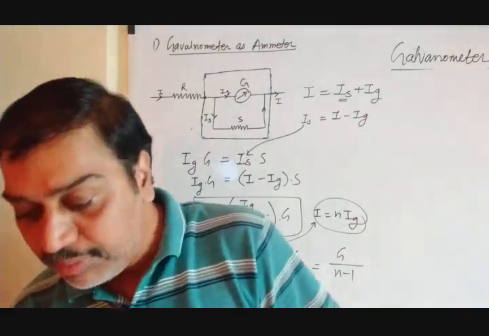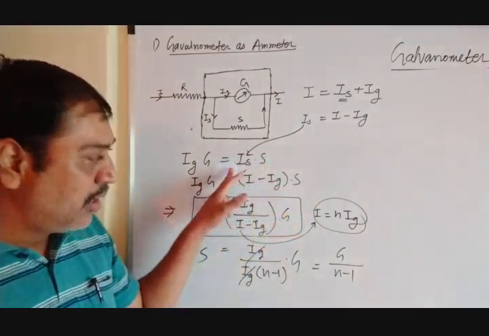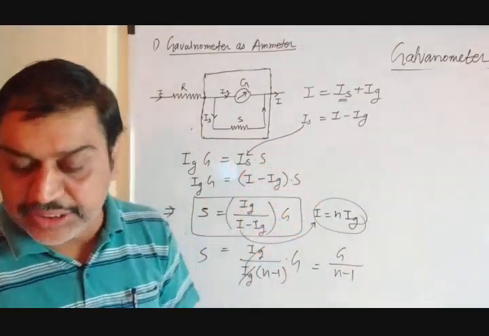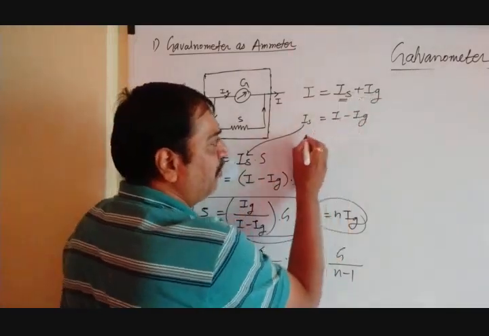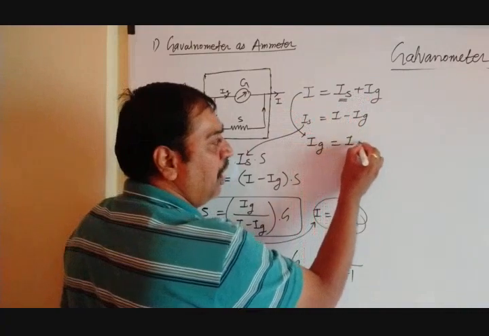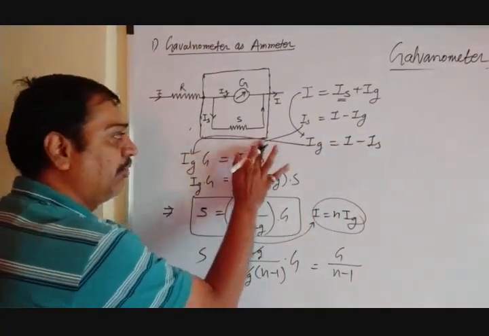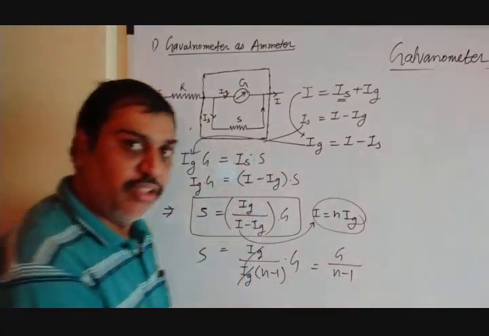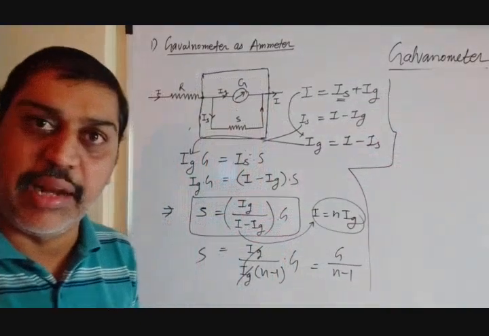Similarly, apart from this, as we have put Is equal to I minus Ig here, suppose I want to put a value of Ig instead of Is. Find Ig from this equation. This equation implies that Ig equals I minus Is, and put this value of Ig here instead of Is. Rewrite the equation. What we get? I will write that equation here, a bit sideways.